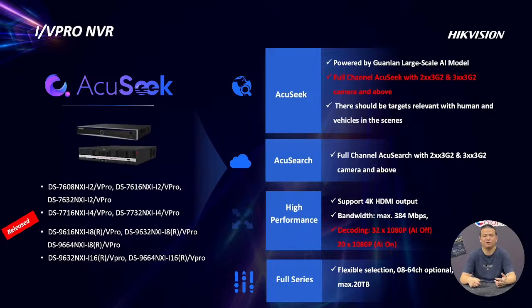Flexible HDD option that is up to a total of 20 TBs for each slot. And the Acuseek function of the IV Pro Series NVR, of course, should work with the 2XX3G2, 3XSG2 series or above AcuSense cameras.